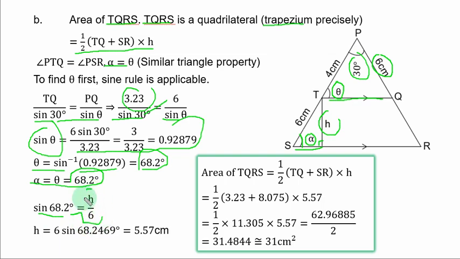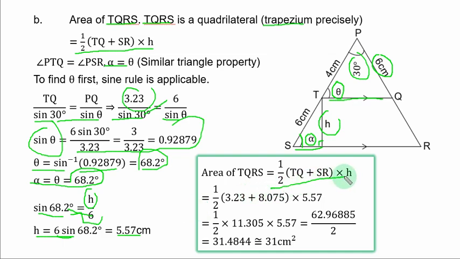You make h the subject, you simply multiply this way, and you have height equal to 6 times sine 68.2. If you multiply sine 68.2 by 6, you have 5.57 centimeters.